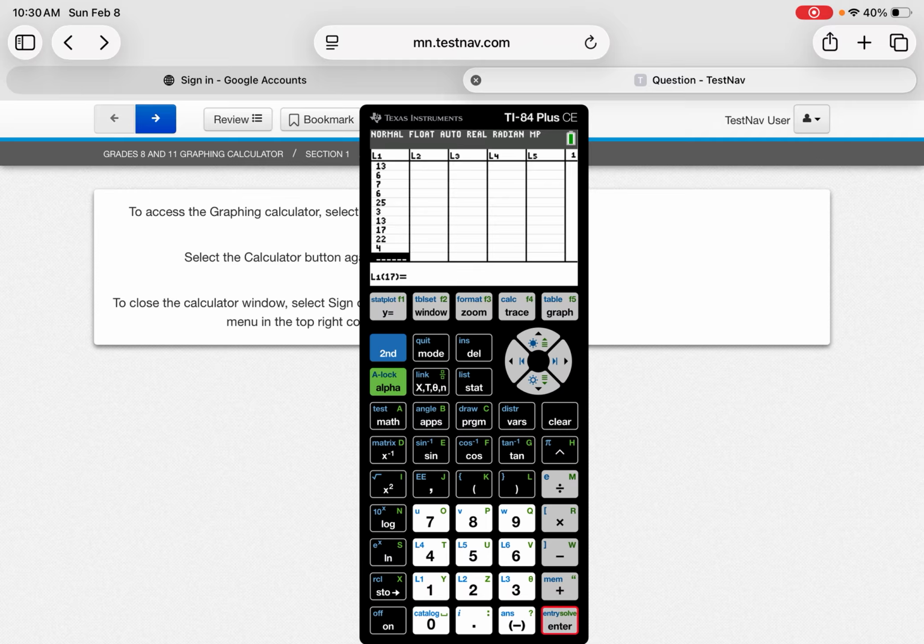It's a lot of numbers. We just entered 16 numbers, so you want to make sure you get everything in there.